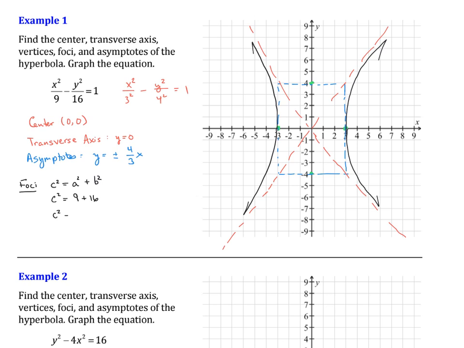So c squared is going to be 25. So c equals positive or negative 5, but c is a distance, so just 5. And now we go on our transverse axis out 5 units. So our foci are going to be negative 5, 0, and positive 5, 0.